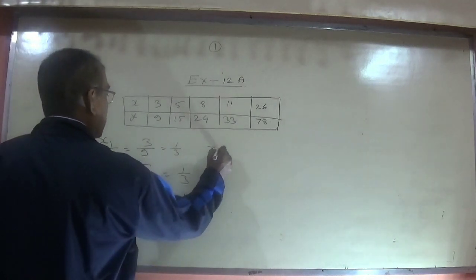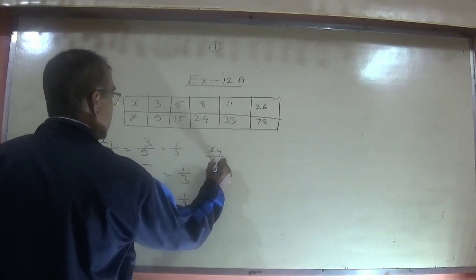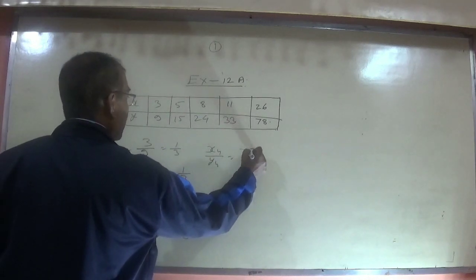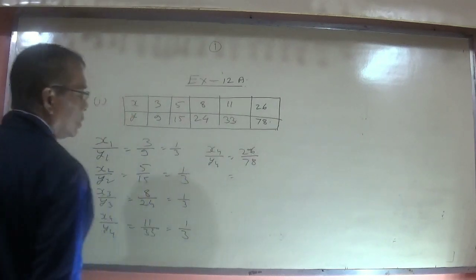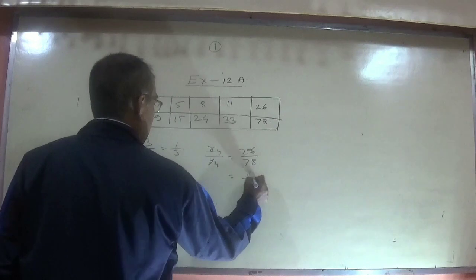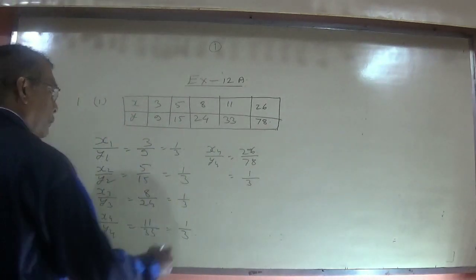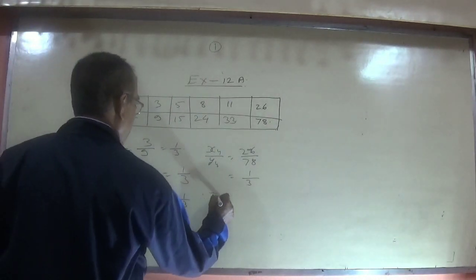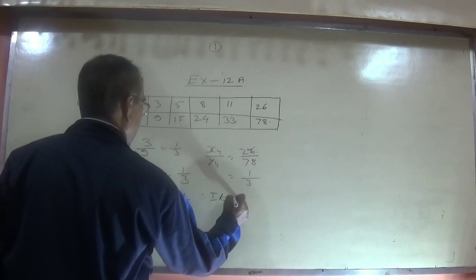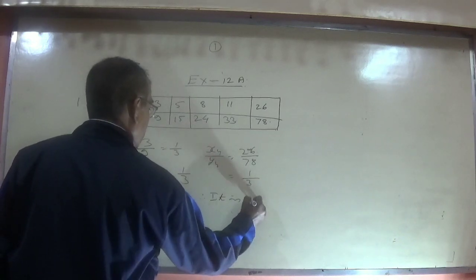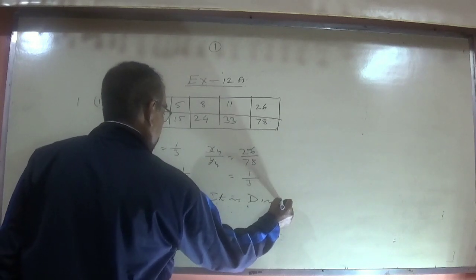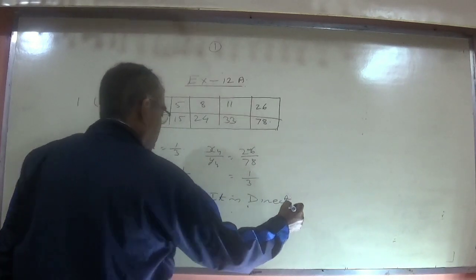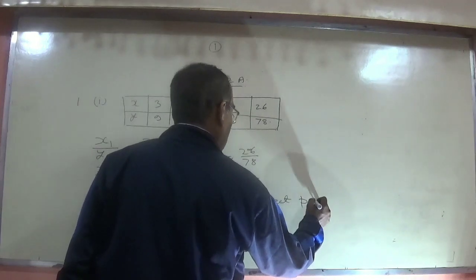And x5 by y5 is 26 by 78, which is again 1 by 3. So therefore it is direct variation, or proportion, whatever you want to write.